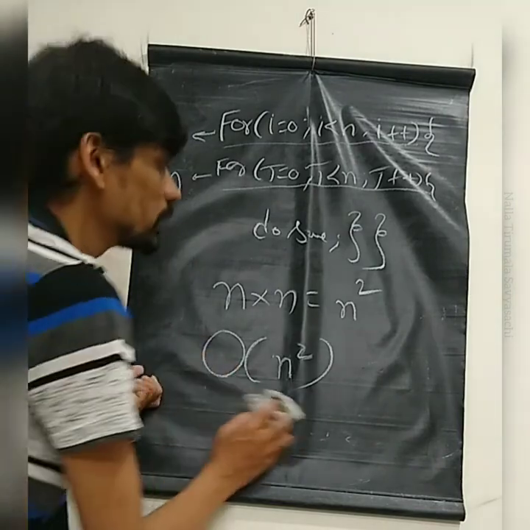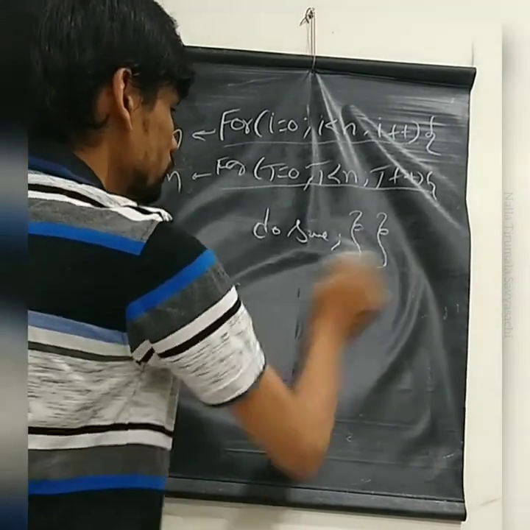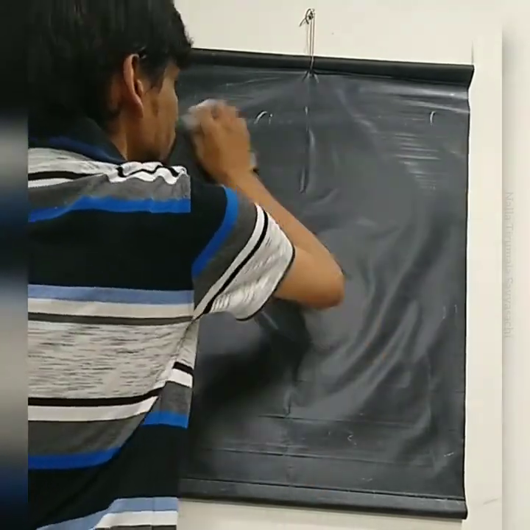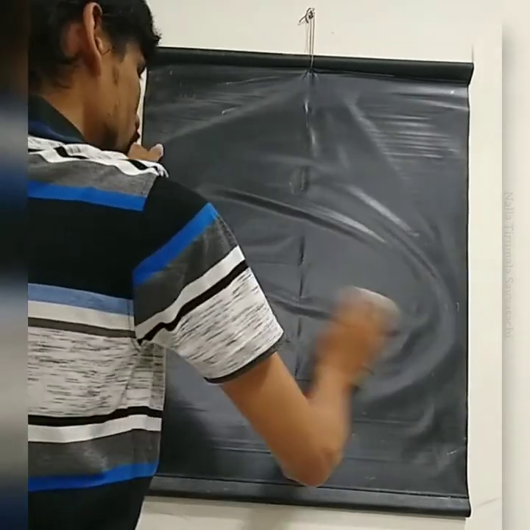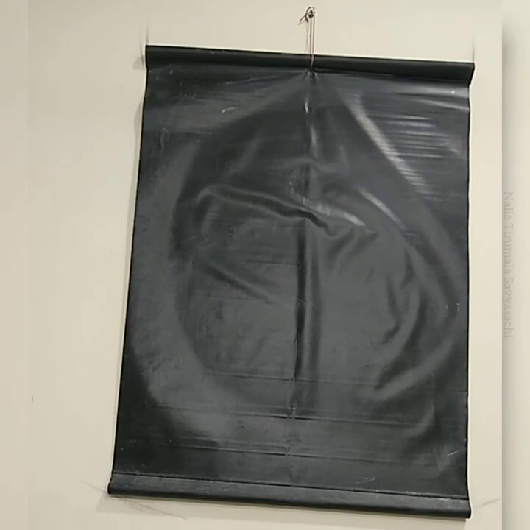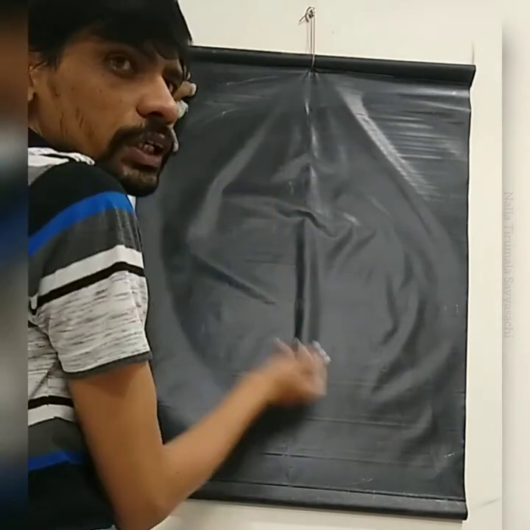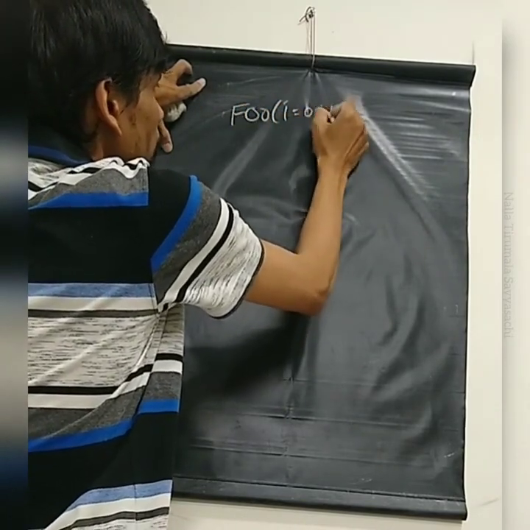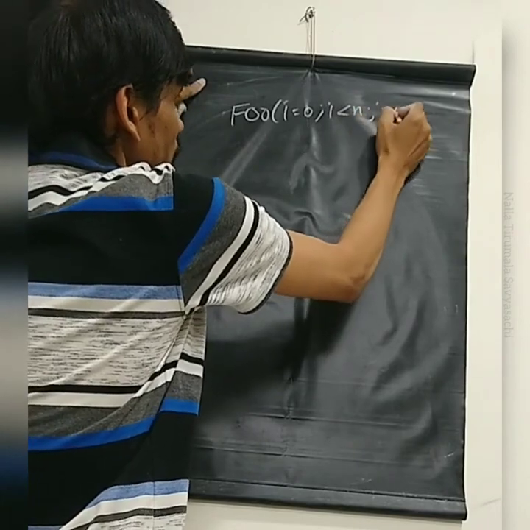Okay, so now we will see another for loop. For i equals 0, i is lesser than n, i plus plus.